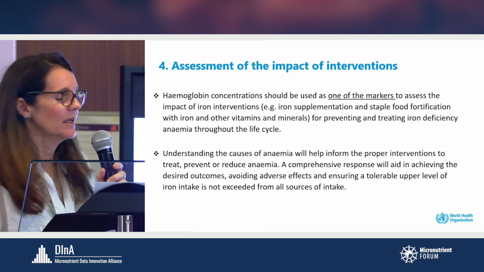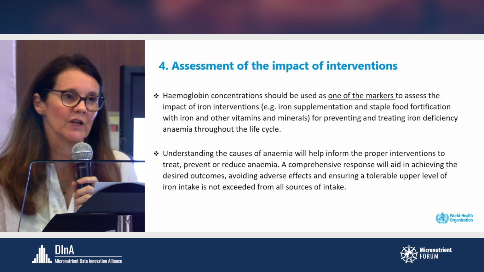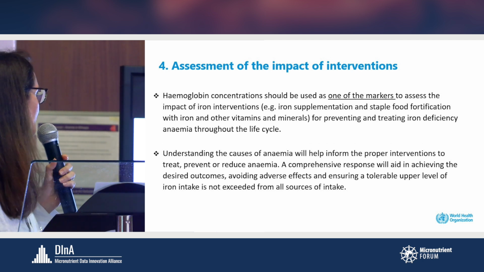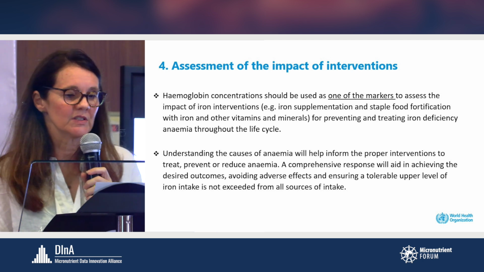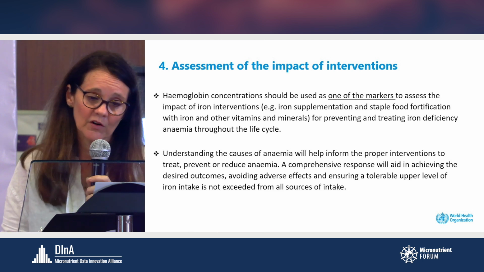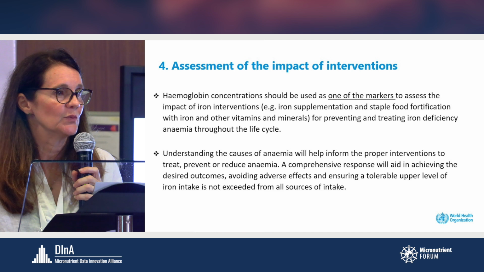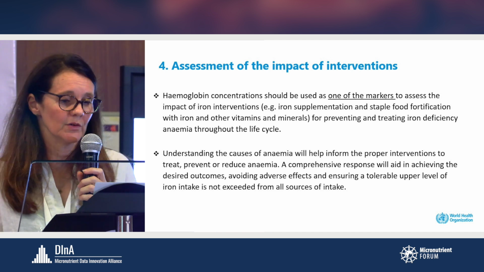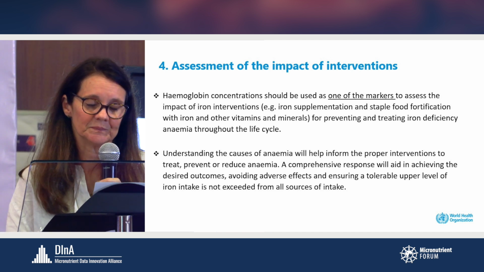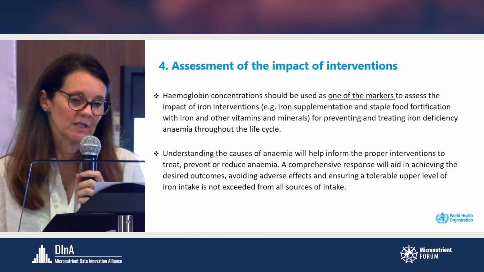So when we look at the impact of different interventions and using hemoglobin values to assess that, it was felt that hemoglobin concentrations are valuable when measuring an impact of an intervention, whether that be an iron intervention or other type of intervention when addressing anemia.